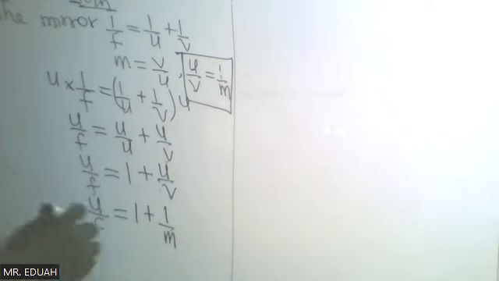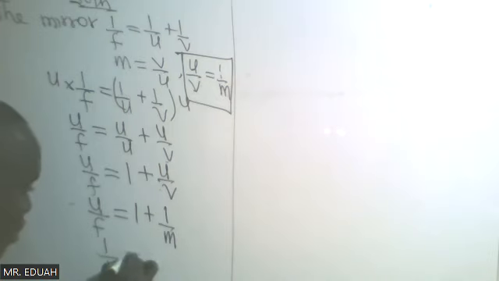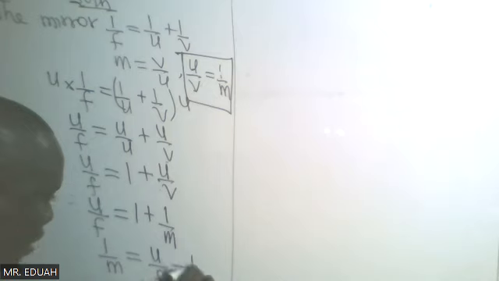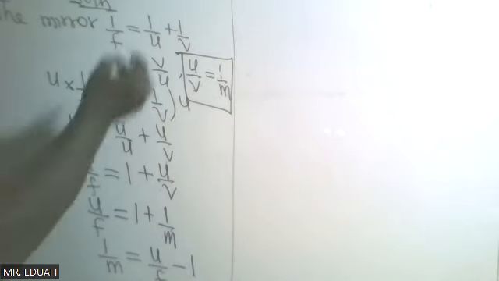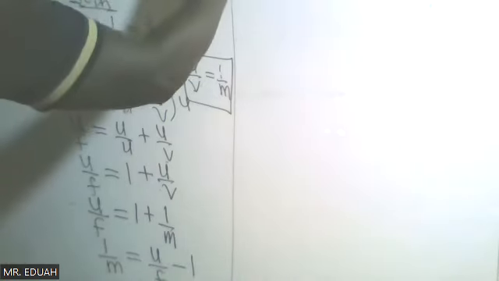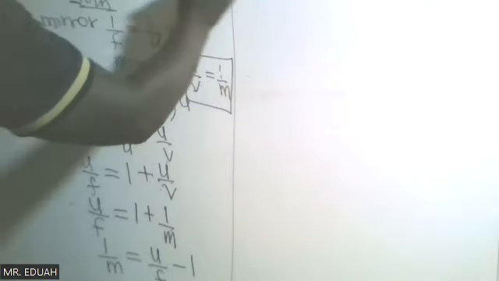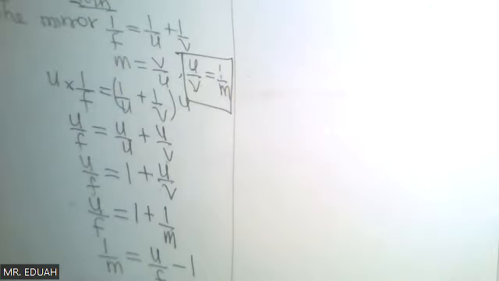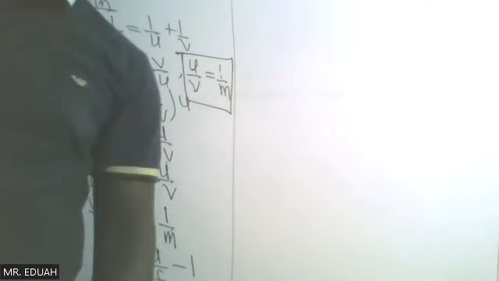So 1 on M will therefore be equal to U on F minus 1. And that is what we were given to prove. So we've been able to prove that, yes, M is related to F by this equation as we were given. So simple.